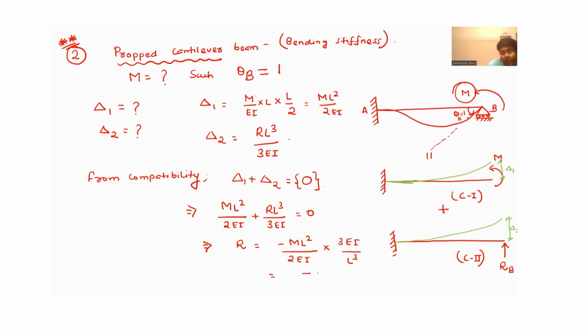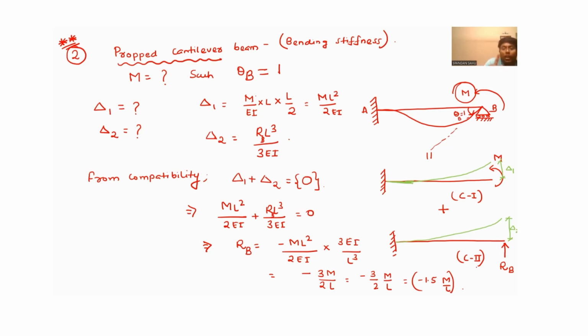Upon simplification, what are we getting? So we got the R value, more specifically RB, as minus 1.5 M by L.